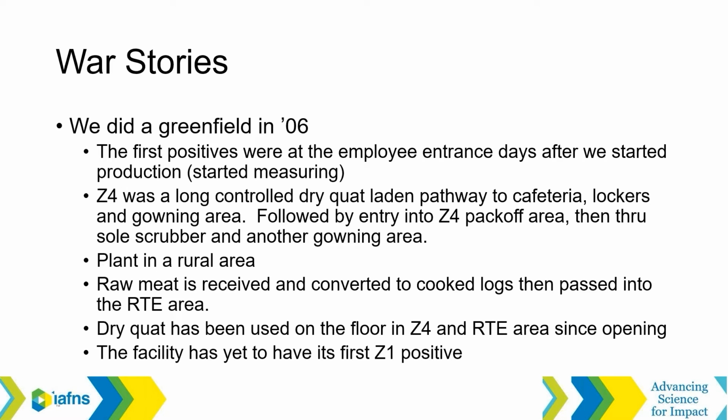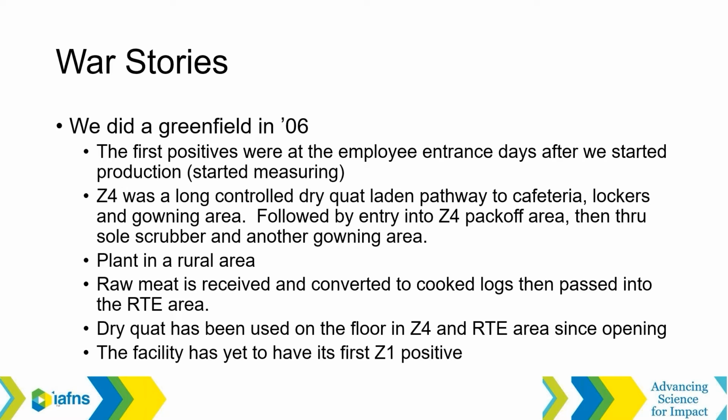Zone 4 was a long controlled, dry quat laden pathway to the cafeteria, lockers, and gowning area, followed by an entry into the Zone 4 pack-off area, then through the sole scrubber and another gowning area, getting the employee into the RTE area. The processing or raw side of the plant, at the entrance, the employees went the other direction.